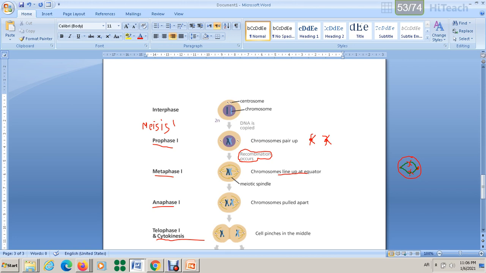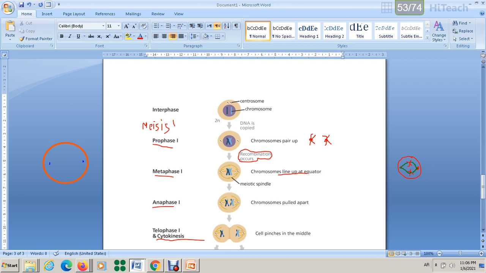But here in meiosis 1, what happened? Imagine this is the cell, just to make it clear for you. This is the cell, and these are the centrosomes. The blue are the centrosomes. This is centrosome number 1, centrosome number 2.